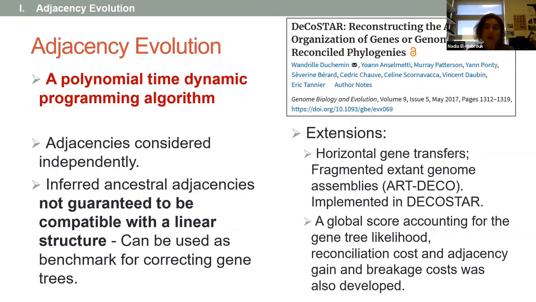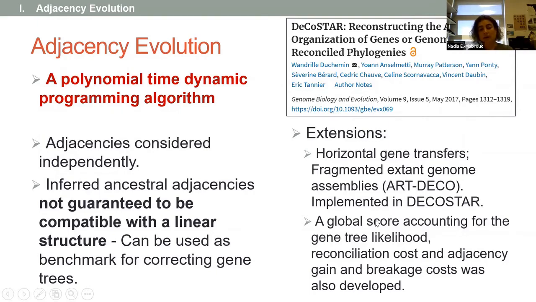Okay, and following the initial model, several extensions of the initial algorithm have been considered, accounting, for example, for horizontal gene transfer, or also handling fragmented extant genome assemblies. So Art Deco, one of these versions of the algorithm, also accounts for fragmented genome assemblies.